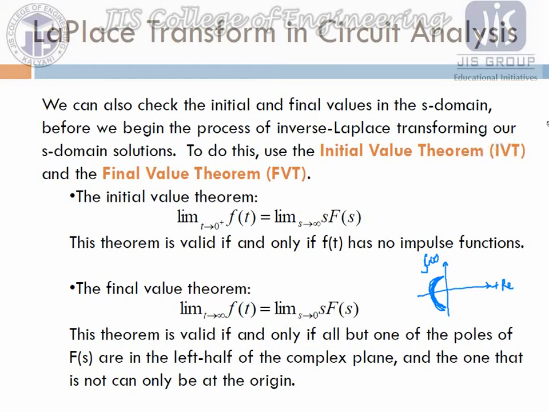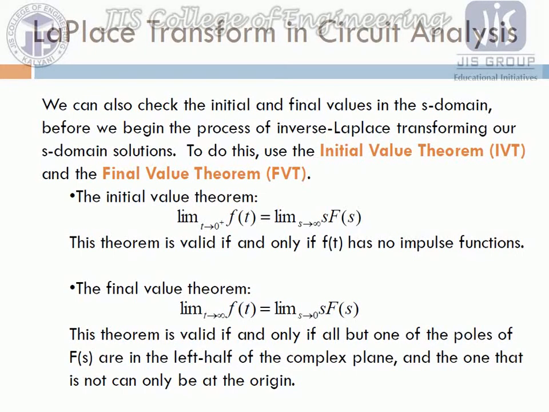Now we will see one example. The example we considered the previous day, we will consider again to check the answer for the initial value theorem and the final value theorem also.